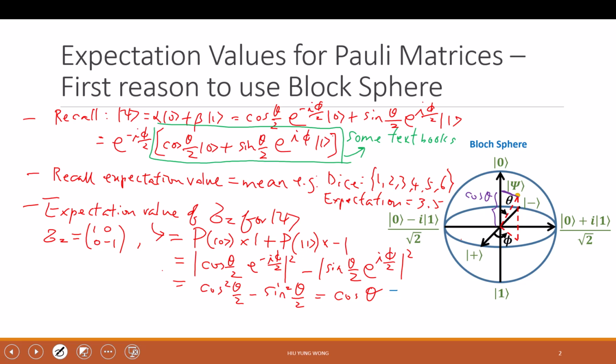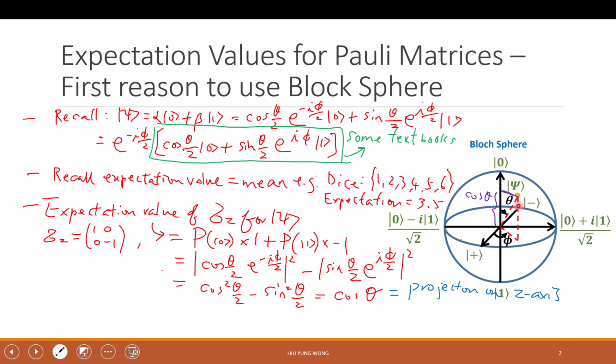So this is just equal to the projection on the z-axis. Now this is another reason to use the Bloch sphere. Although this is not really a space in our 3D space, if we accept that we embed it in our 3D space, we can just think about the projection. But again, remember, we are not really doing anything in our 3D space.